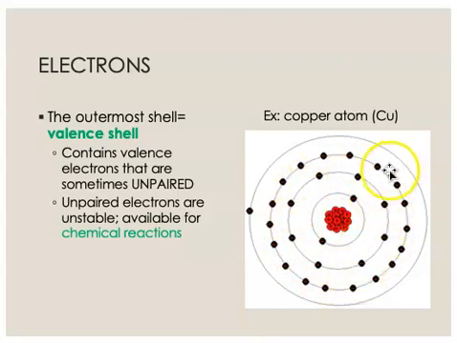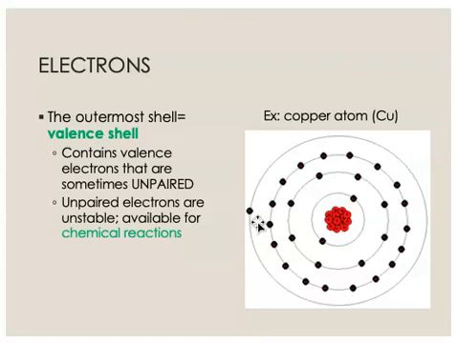Here's the third shell, even more electrons. The final shell, the outer shell, is going to vary in number depending on the element. This outermost shell is called the valence shell. The reason that we care about this valence shell is because sometimes the valence shell will contain an unpaired electron.